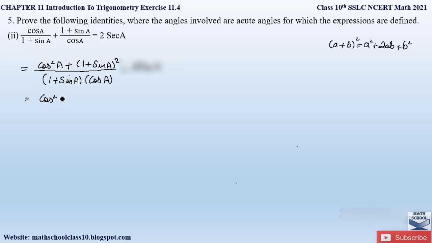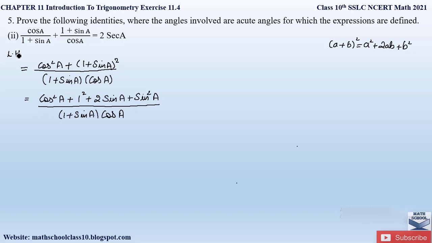So we have here cos square A plus 1 square plus 2 into sin A, plus sin square A, divided by 1 plus sin A into cos A. So here we are considering the left hand side part. So this we will prove equal to right hand side part.